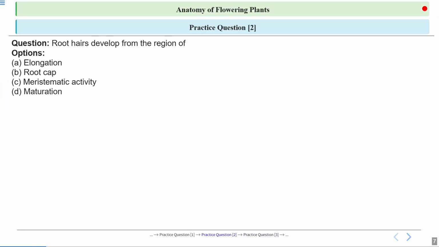Root hairs develop from the region of: A, elongation; B, root cap; C, meristematic activity; D, maturation. Which zone helps in the development of the root hairs? Let us see the answer.